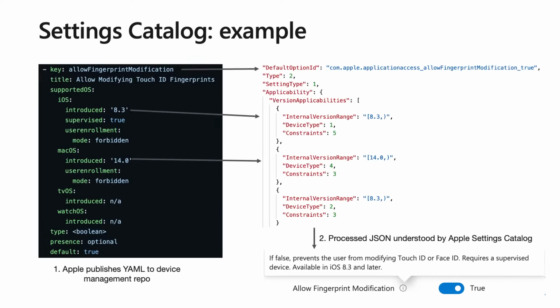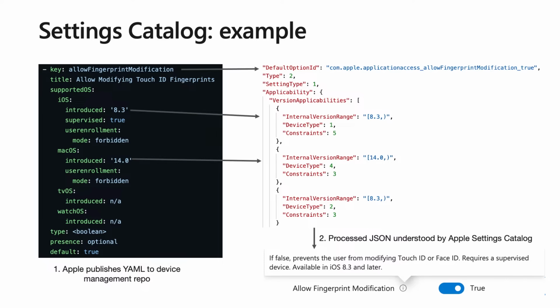Let's take a mini deep dive into the settings catalog and the automated ingestion of settings. First, Apple releases their documentation in a publicly available Git repo as YAML documents. Apple themselves uses this document as the basis to publish their official documentation on their website.